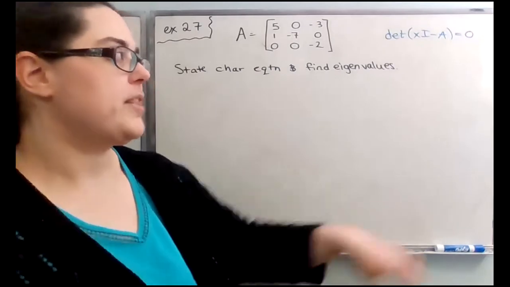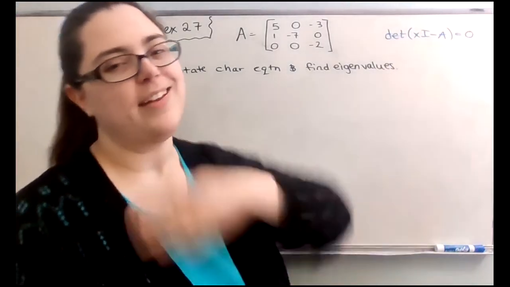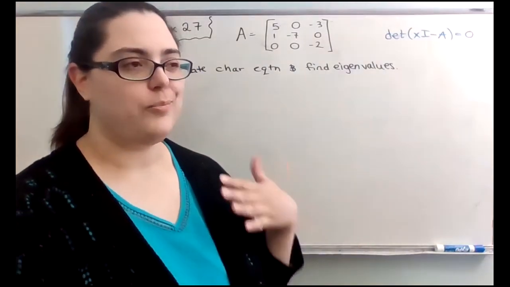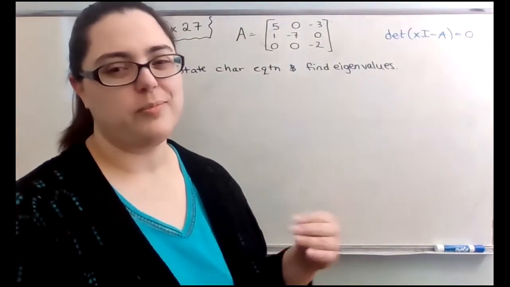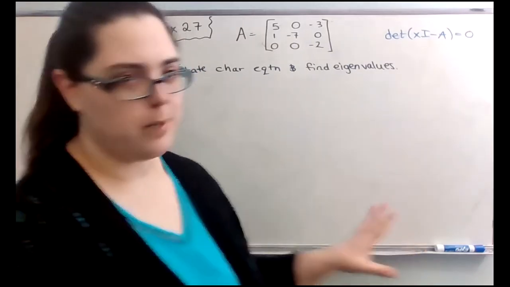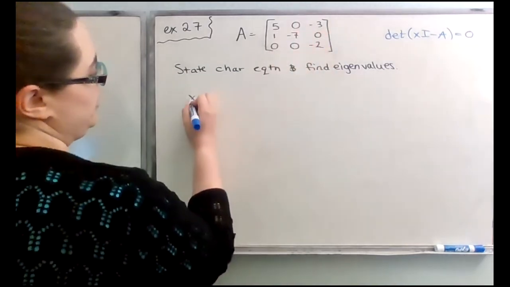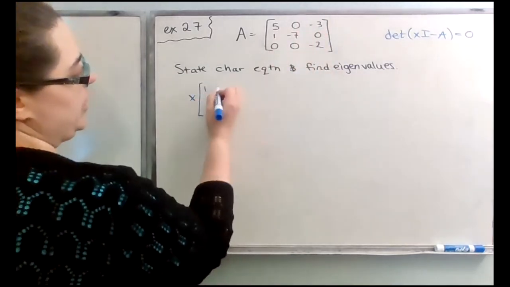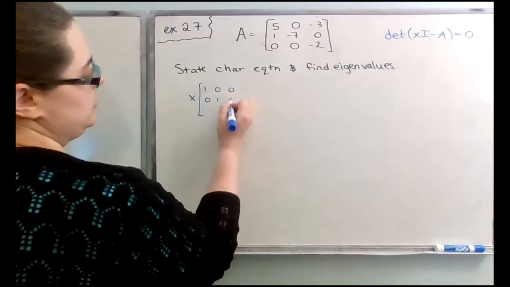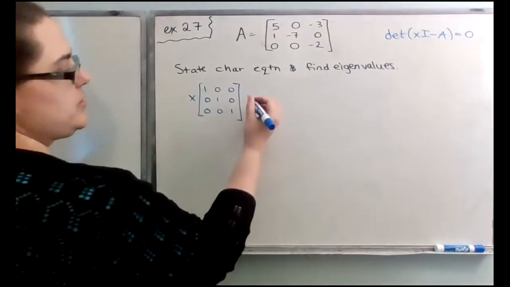To determine that, we need to figure out what xI is and then subtract A from it. As you go through this, after a few of them, you'll be able to find it right away. But I'm going to write out all the steps to begin with. Because this is a 3 by 3, I'm going to take the 3 by 3 identity, and that's what I'm going to multiply by x.